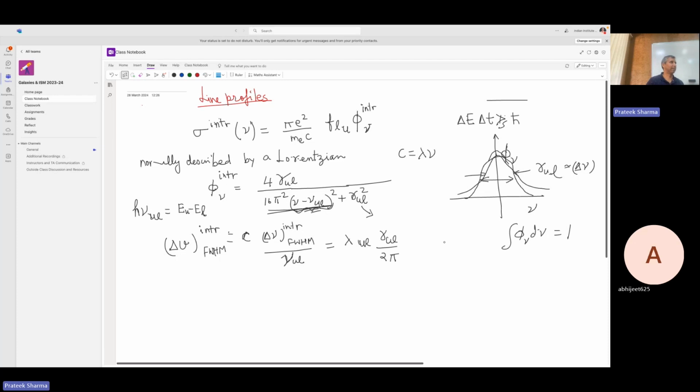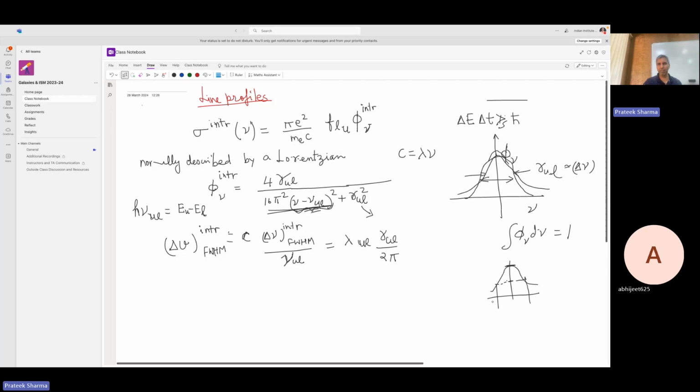You can actually see that. So what is meant by full width at half maximum? If you have some line profile, something like this, you go to half the value of the peak and look at what this width is.